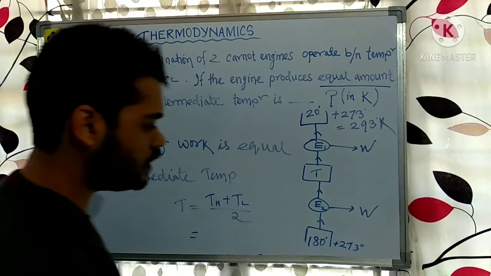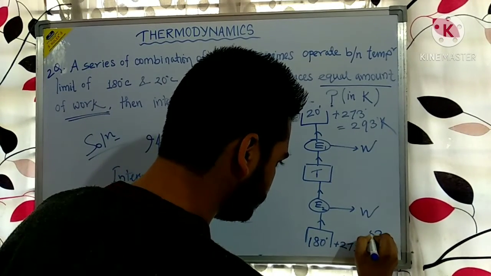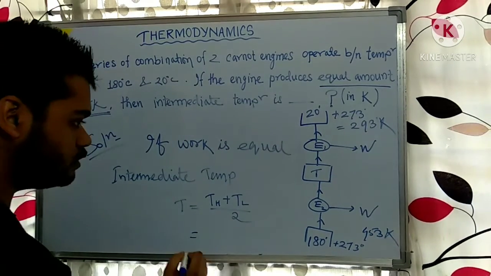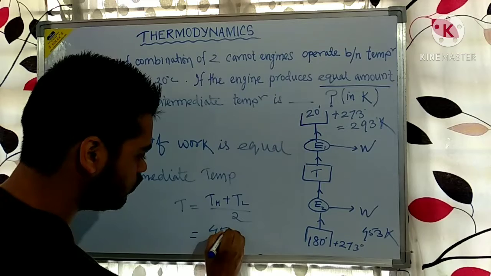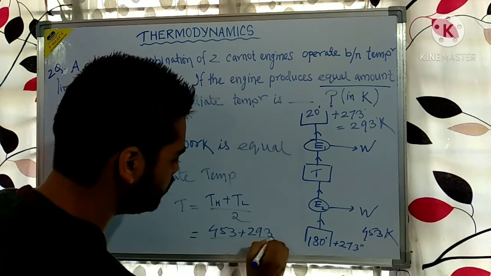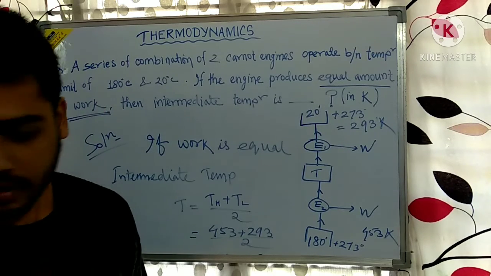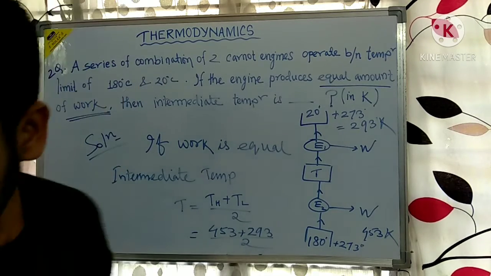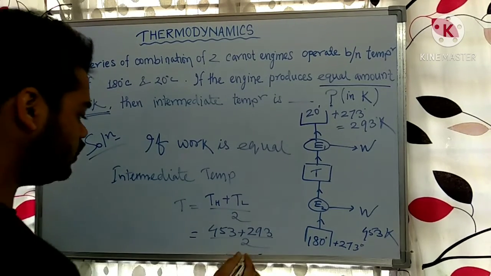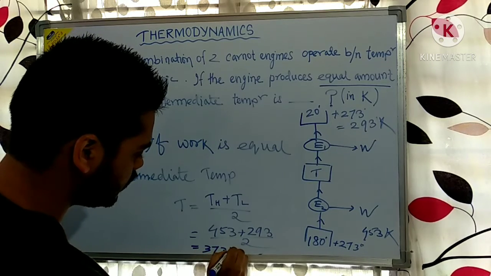So it is 293 Kelvin, and the other is finally 453 Kelvin. Okay, so the final answer will be 453 plus 293 divided by 2. Okay, so after solving you can get the final answer. If you solve it, it will give you 373 Kelvin.